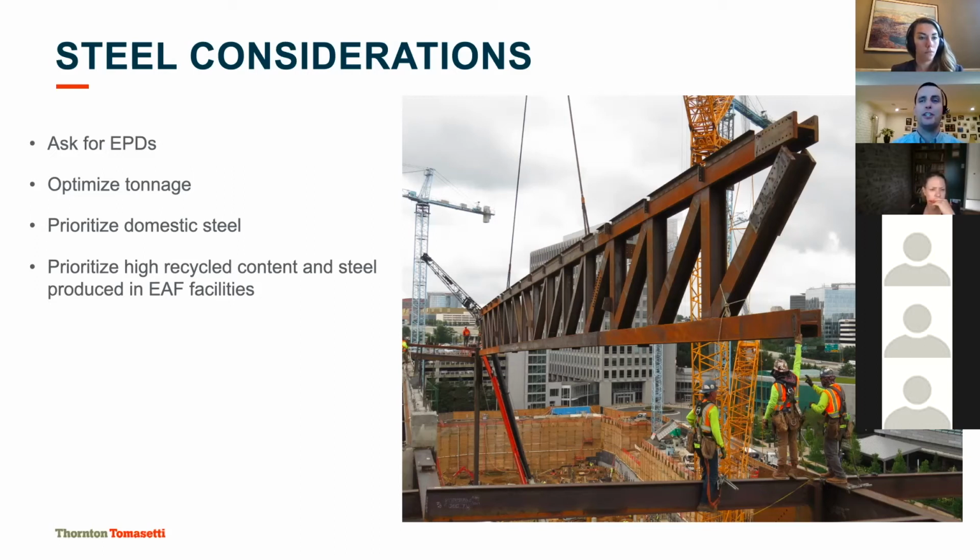Prioritizing domestic steel is one of the biggest things I think that structural engineers can try to influence. Most U.S. steel comes from electric arc furnaces and has very high recycled content, and has a much lower carbon footprint than some foreign-based steel that we get. And next, please.